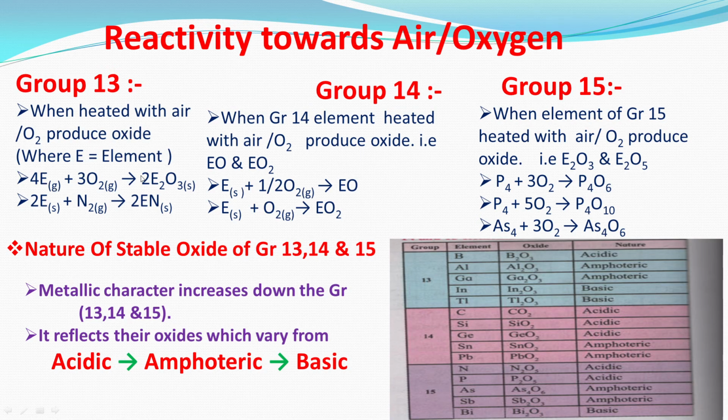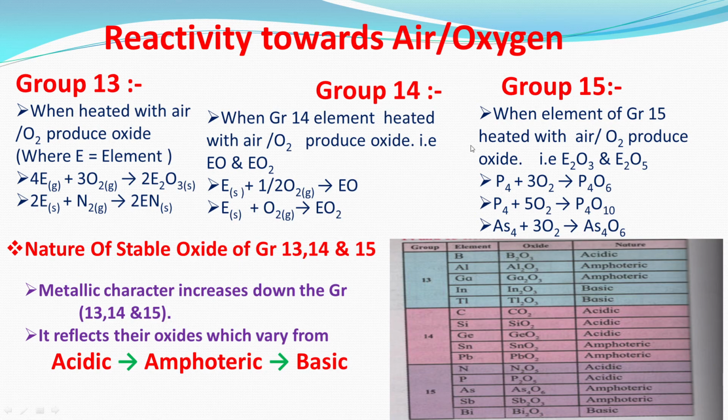Here in this reaction representation, E equals the element of group 13. These are boron, aluminium, gallium, indium and thallium. 4E plus 3O2 gives 2E2O3, and 2E plus N2 gives 2EN.